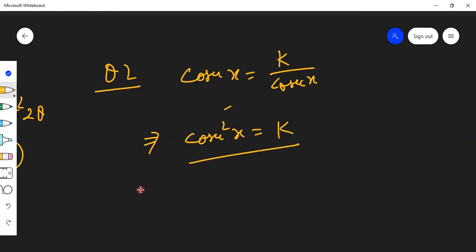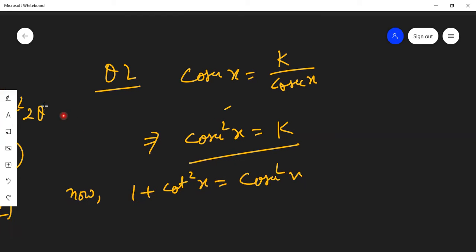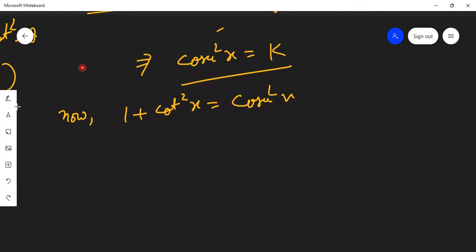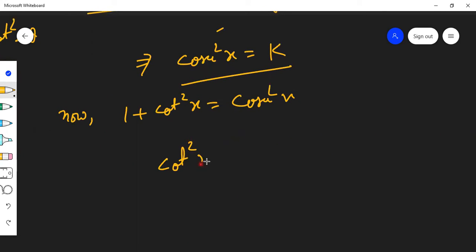What is that identity? 1 plus cot square x is equal to cosec square x. You want cot in terms of k, right? So cot square x is equal to cosec square x minus 1.